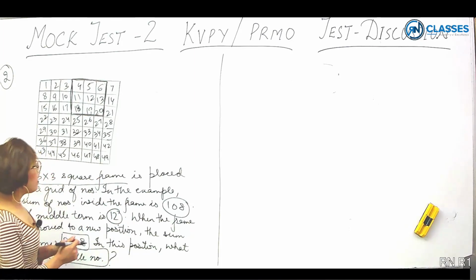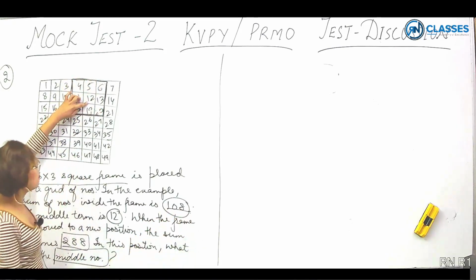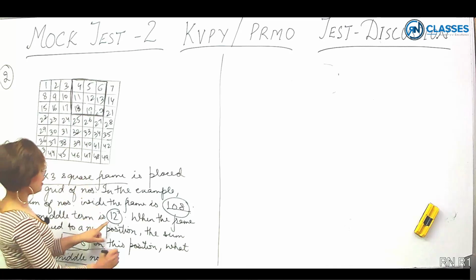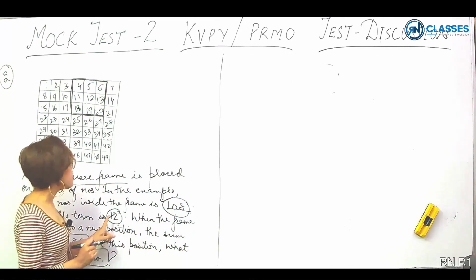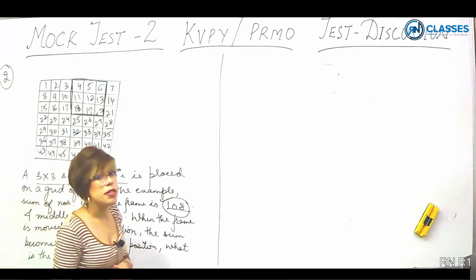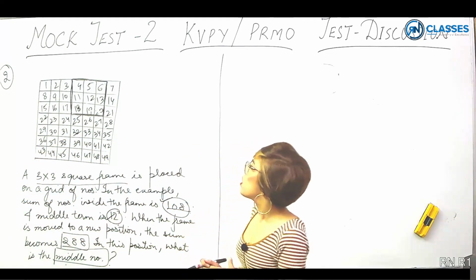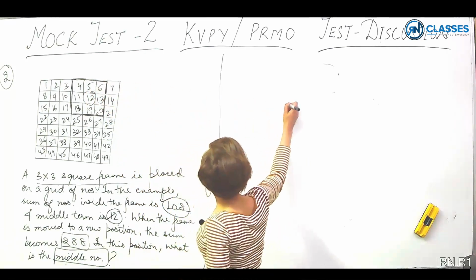Right. Now, if you can observe, the sum of the numbers is 108 and the middle term is 12. So, you can see that 12 and 108 are directly related to one another. Right. This is nothing but 12 into 9. Now, is that a coincidence? Let's check it out. Now, the middle term is 12, right? Okay, so 12 is there.